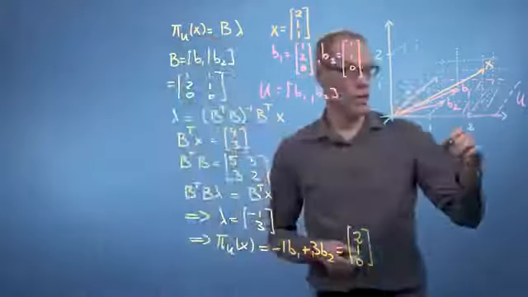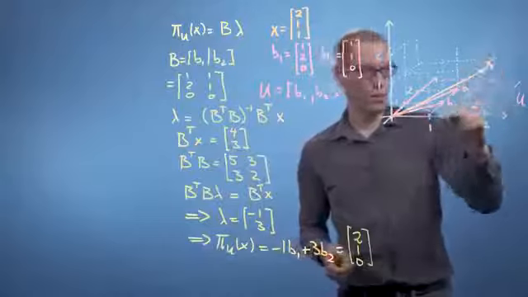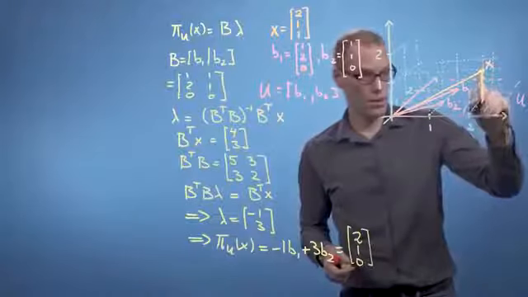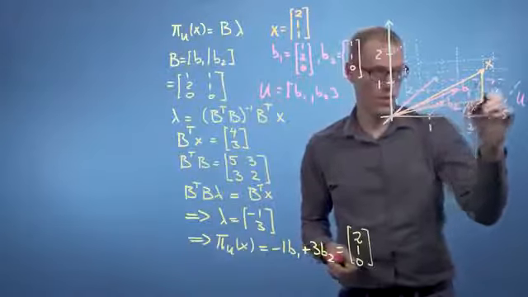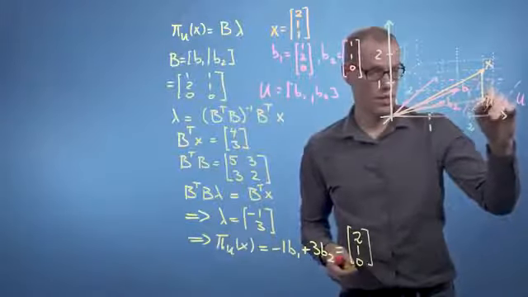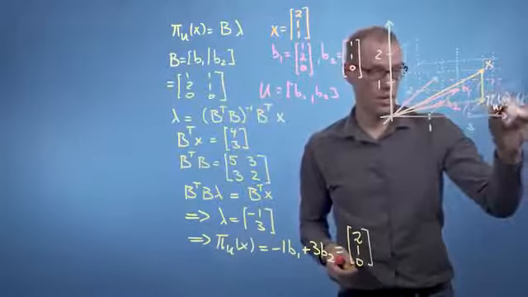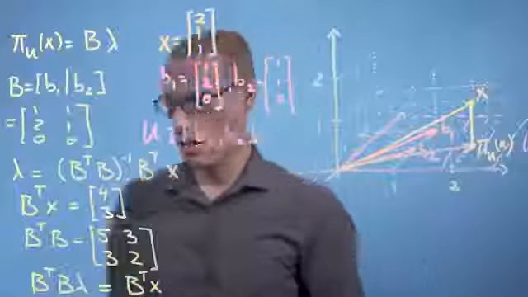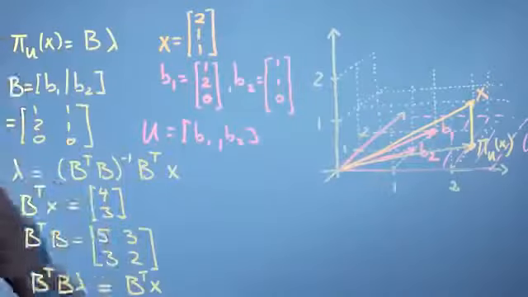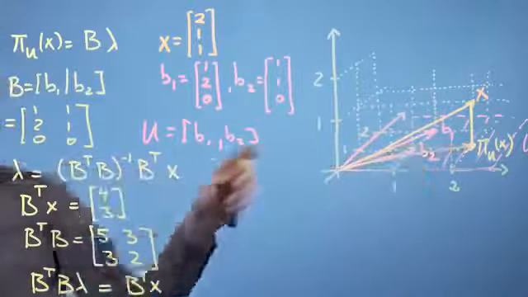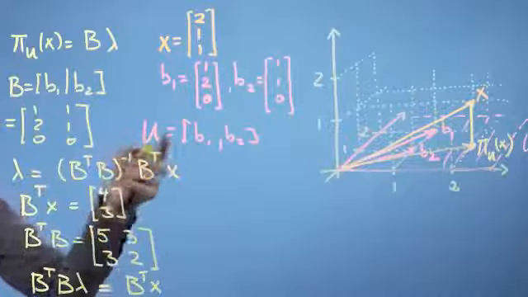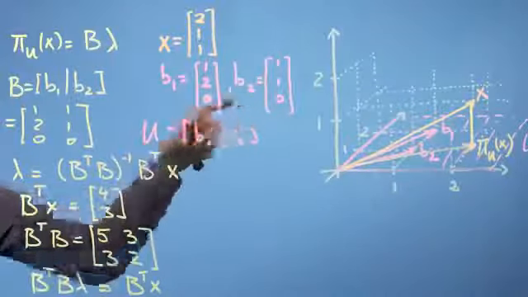In our diagram over here, this would correspond to this vector here. This is pi_U(x). This result makes sense because our projected point has as a third component the 0, and our subspace requires that the third component is always 0.